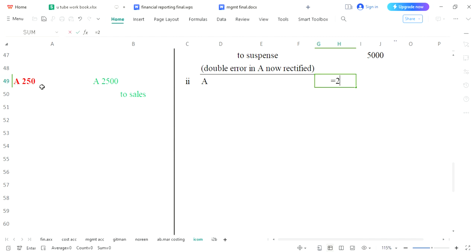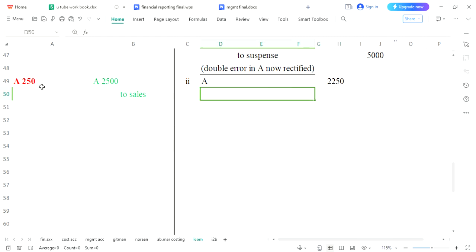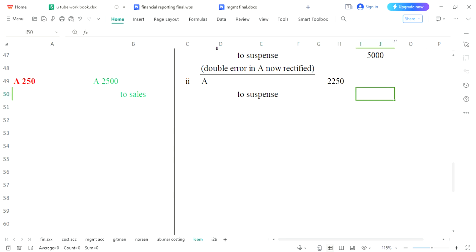How? 2500 minus 250. So it means 2250 was not written, and now to rectify that mistake, you write that amount. There is no mistake in sales. So what will you write on the credit side? As usual, it would be suspense, and you will write 2250 over here.